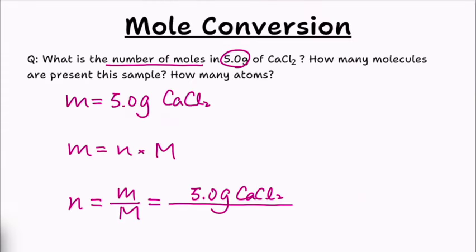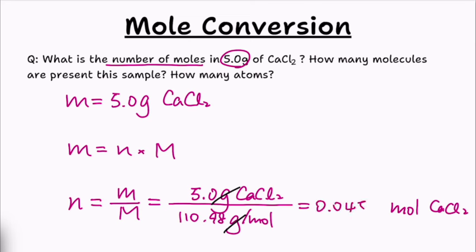Okay, so I'm going to divide the mass of the calcium chloride by this number. The units get canceled out, and you will be left with the unit of the mole. The answer will be 0.0451 mole of calcium chloride.